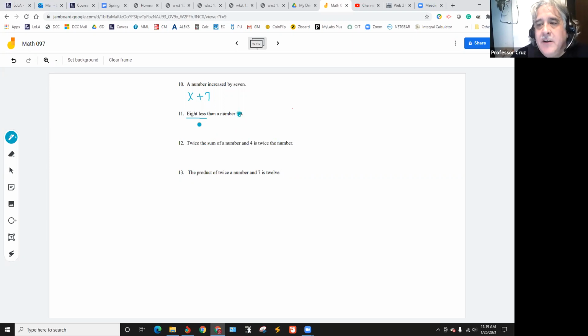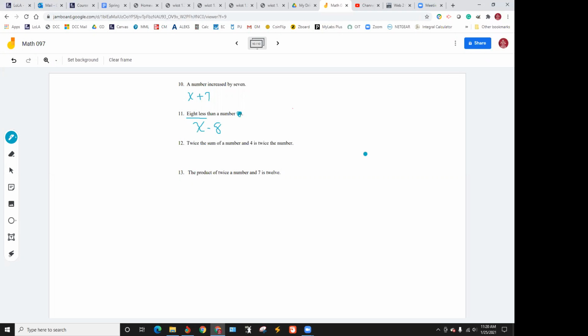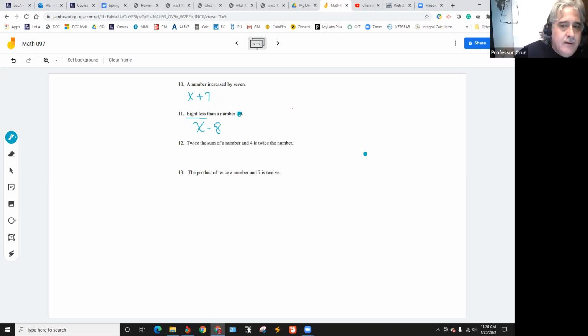So 8 less than a number. Now remember, addition, it doesn't matter which goes first or second. But with subtraction, if you say 8 less than a number, we have to reverse that order. See why that happens? If we'd said x plus 7 or 7 plus x, it really doesn't matter. But when we're talking about subtraction, and this also works for division, the second number is the one we're going to be subtracting.